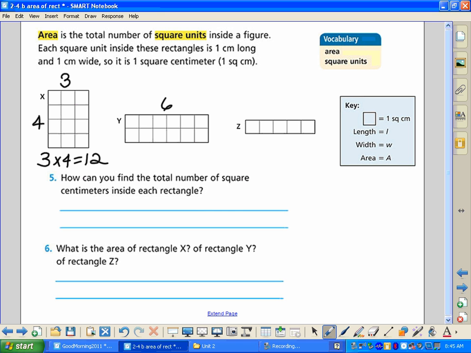How many do I have in each column? 2. 6 times 2 equals 12 square centimeters.